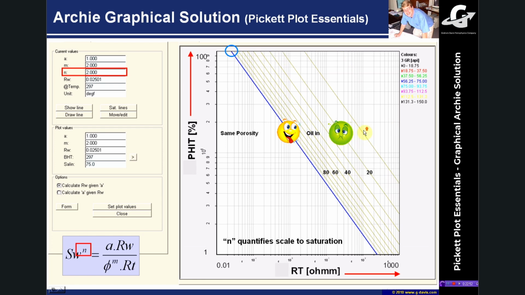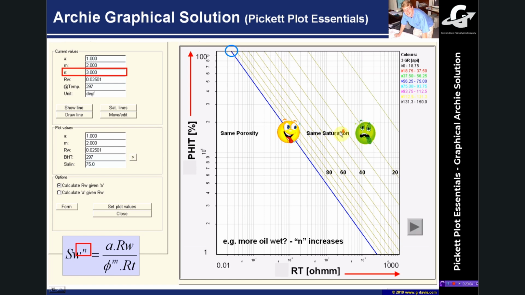If we go back to that example here, we were getting 20% water saturation, and we only had to work as hard as 25 ohm meters. So that is a function of the rock, but it's actually a function of the fluids within the rock. So let's have a look at what's going on in the pore space that controls the spacing on these lines, if you like, this calibration to saturation.